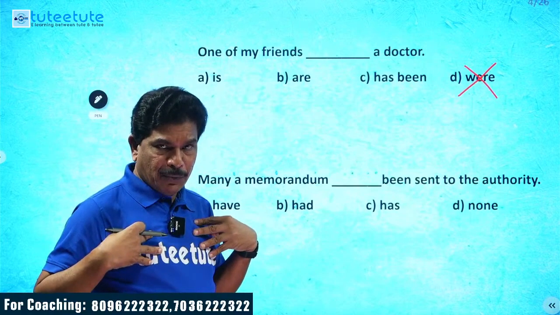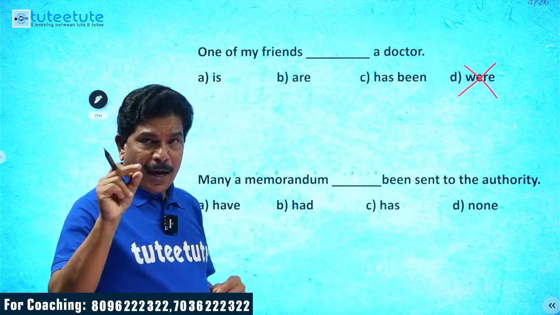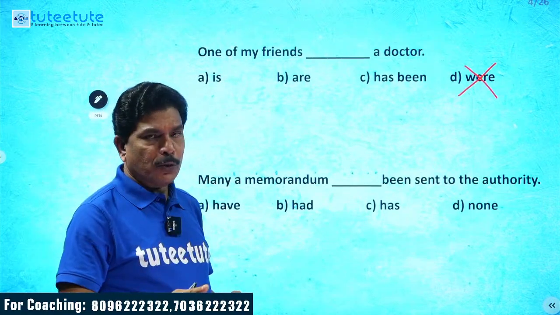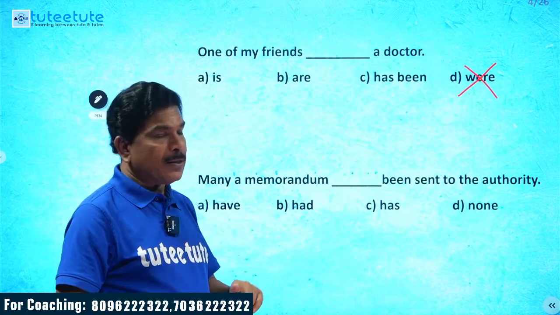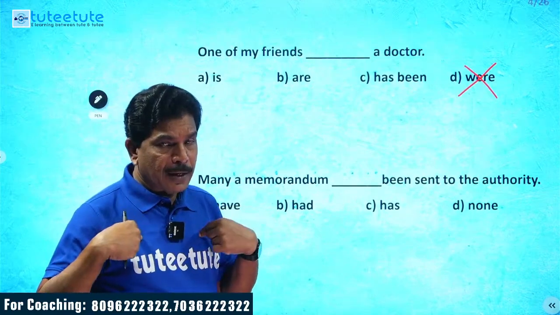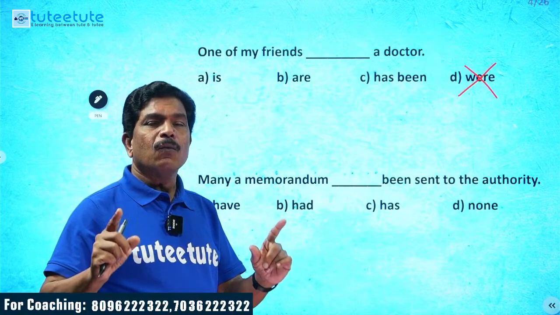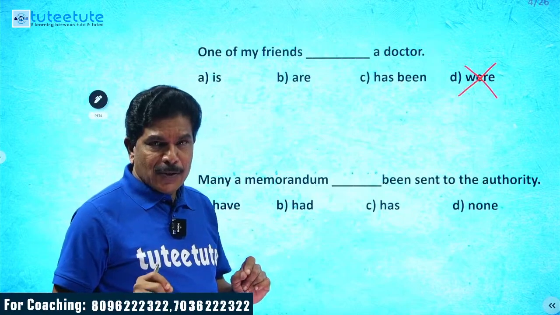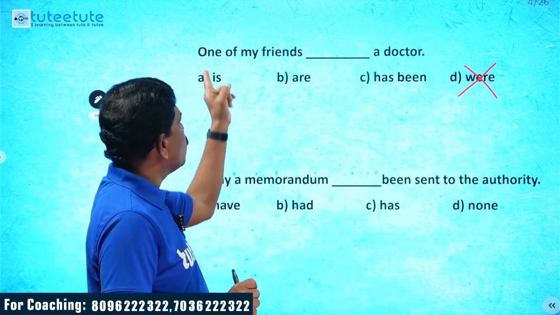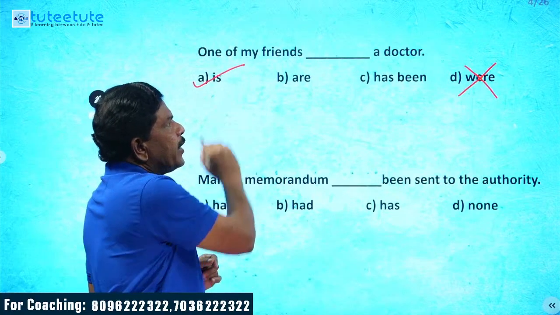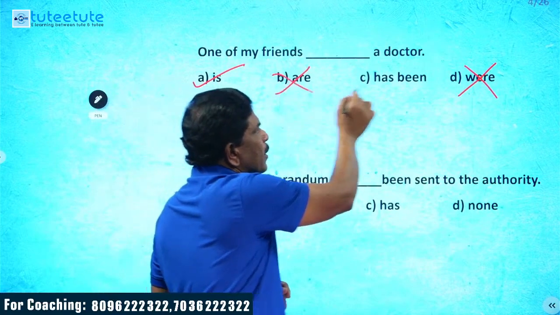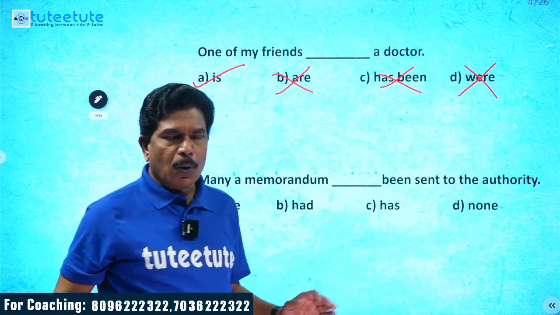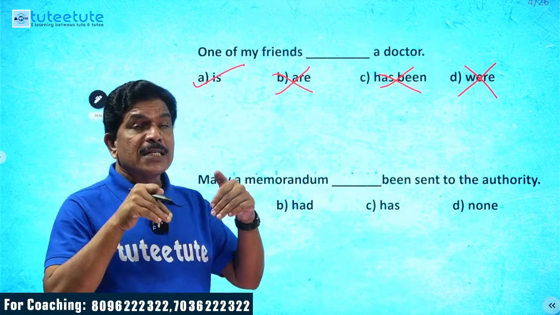Though I have many friends, here I mention only one of them, one of my friends. Never say one of my friend, say always one of my friends. That clearly suggests singular. So one of my friends is a doctor. So are and has been are all wrong. One of my friends is a doctor.